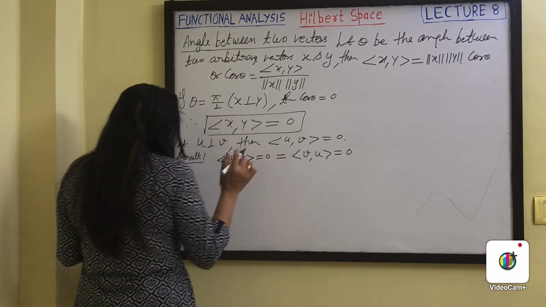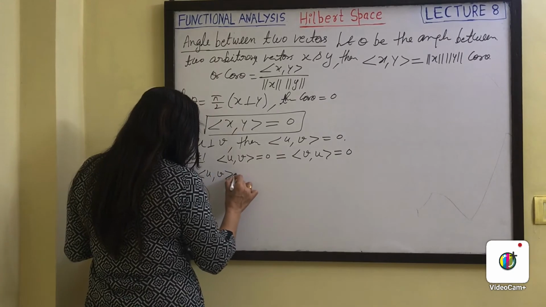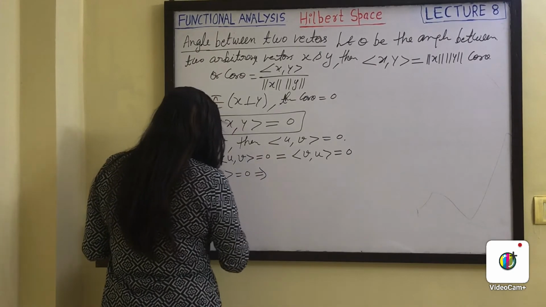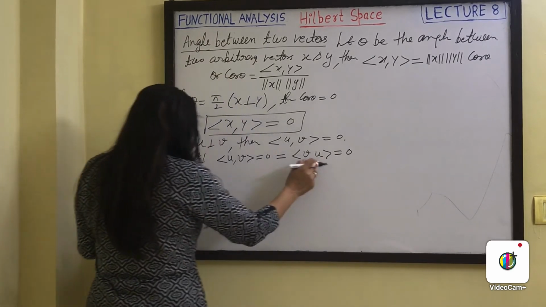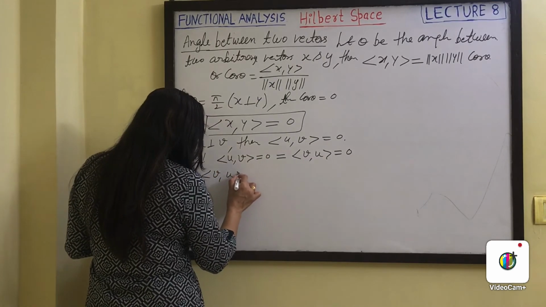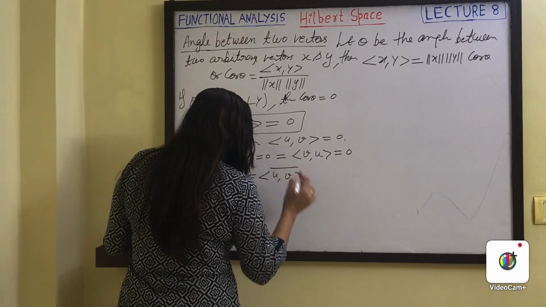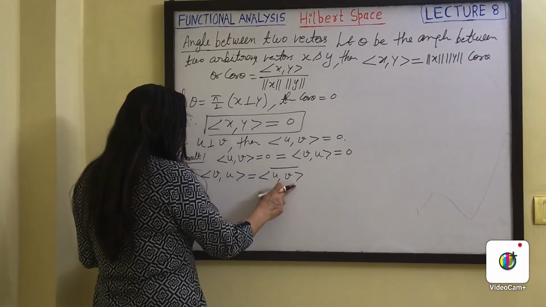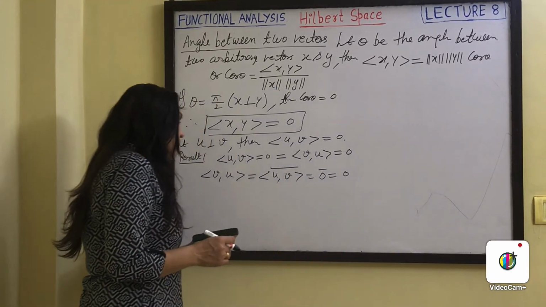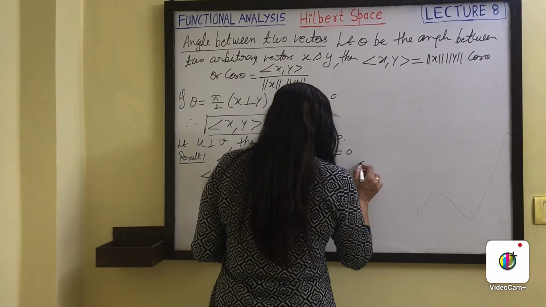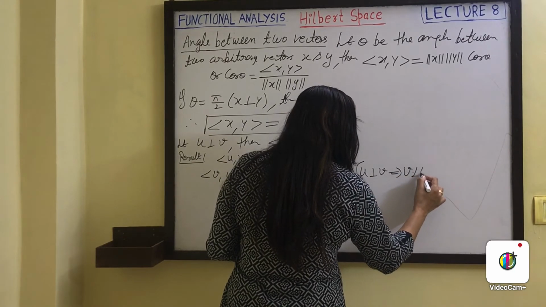So now let's prove it. We start from here. You have to prove u comma v, so you can start from here also. v comma u is equal to the complex conjugate of u comma v, and the inner product of u, v is 0. So it is 0 bar, or it is 0. So proved. u is perpendicular to v implies v is perpendicular to u.